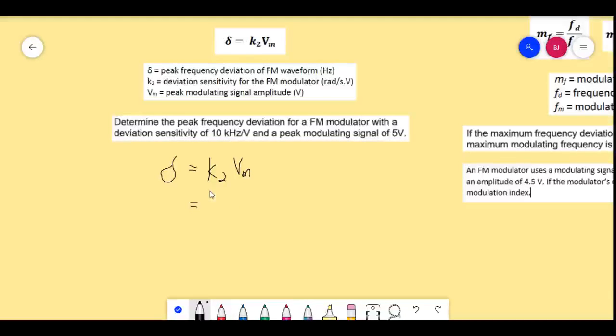K sub 1 is the deviation sensitivity, which here is 10 kilohertz per volt, and we multiply it by a peak modulating signal of 5 volts.